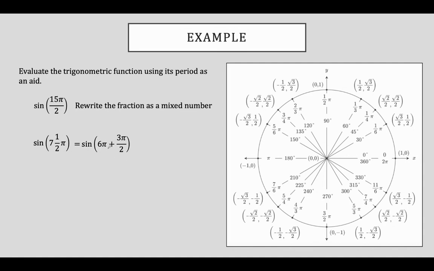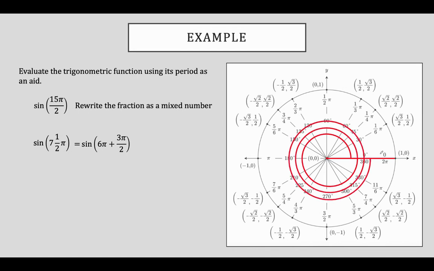So 6 pi, that's 3 complete revolutions, and don't be afraid to count it out on your unit circle. Ready? We're going in the counterclockwise direction. 1 revolution is 2 pi, 4 pi, 6 pi, and now we must continue another 3 pi over 2, another 1.5 pi. All right, there we have our angle 15 pi over 2 and the corresponding ordered pair 0, negative 1.